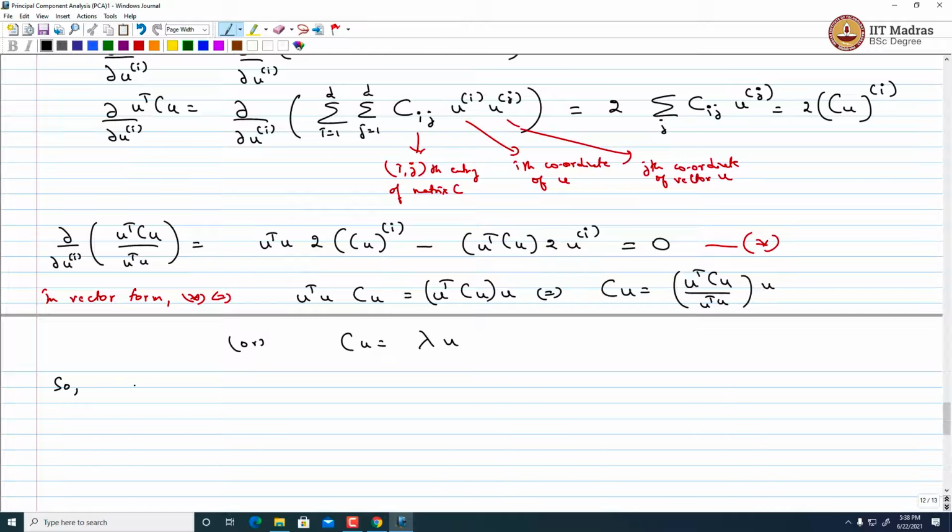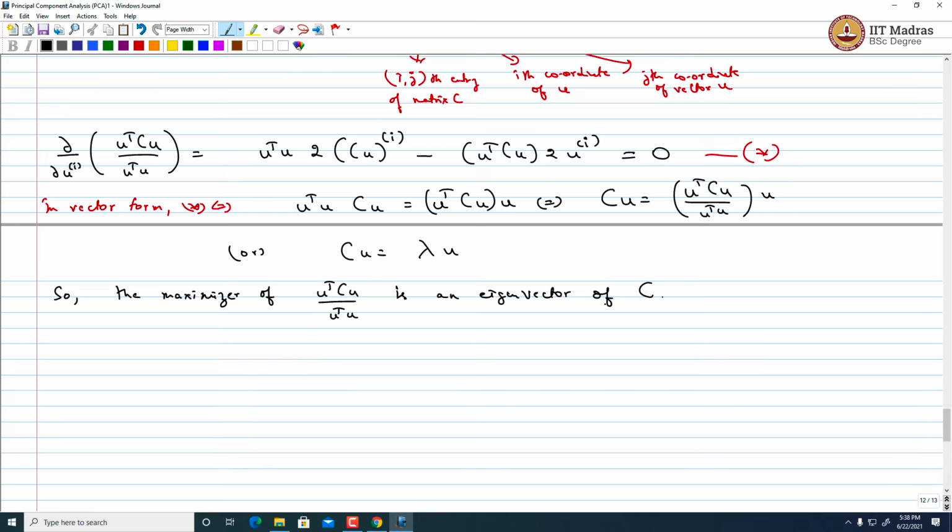So the maximizer of u transpose Cu divided by u transpose u is an eigenvector of C.